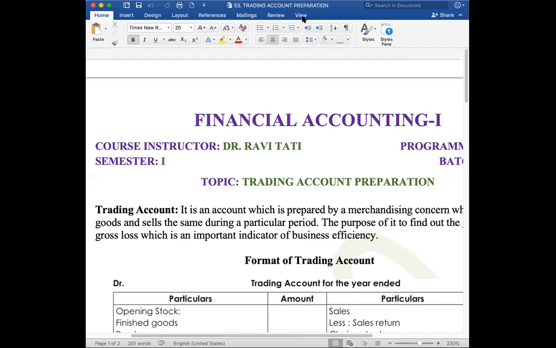Selling, distribution, administrative expenses are deducted from gross profit so that you get your net profit or net loss. Okay, clear? It will be clear only when you take up a problem.